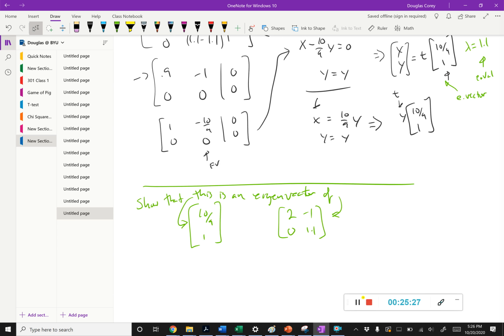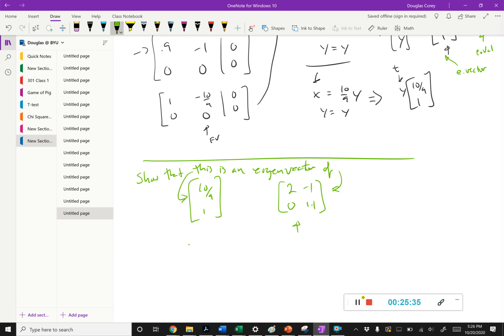Well, let's multiply them, because if it's an eigenvector, then multiplication by the matrix should be the same as just multiplying by a scalar. So let's check. 2, -1, 0, 1.1 times (10/9, 1).